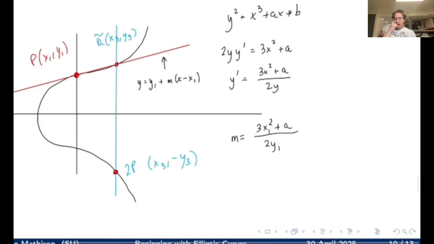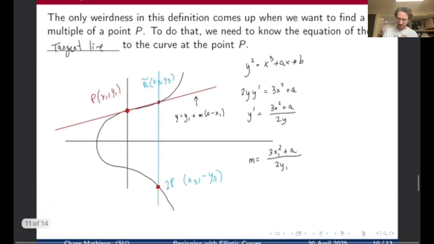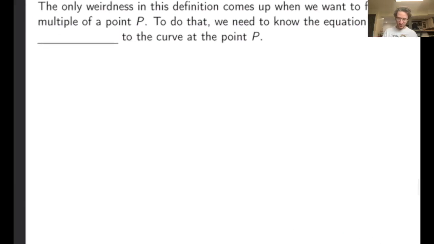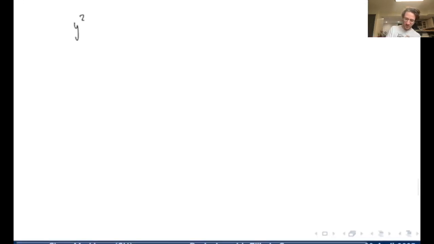Okay. And so I'm going to plug this into the equation of the ellipse again. Okay, so let me add one page. So the equation of the ellipse is y squared equals x cubed plus ax plus b. The equation of the tangent line is y equals y1 plus m times x minus x1.